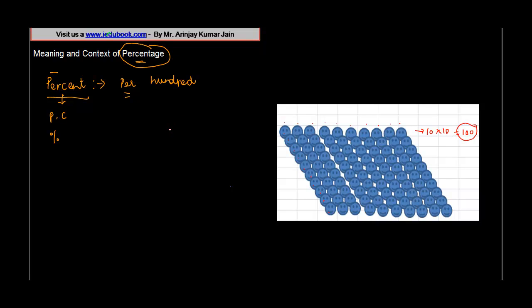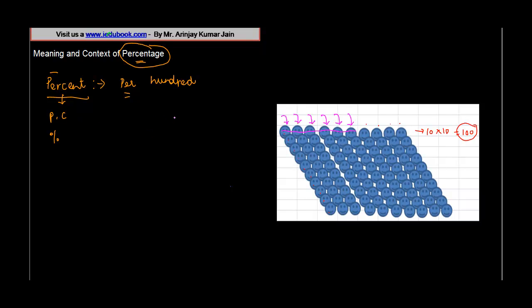Right? Now let's say, for example, what do I do here? I'll pick up this color, and I pick up these smileys and cross them. Right? So how many smileys have I crossed? 1, 2, 3, 4, 5, 6.